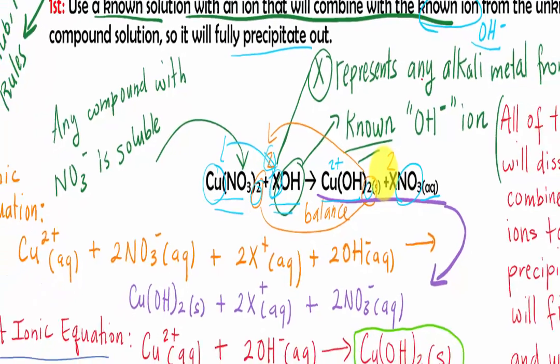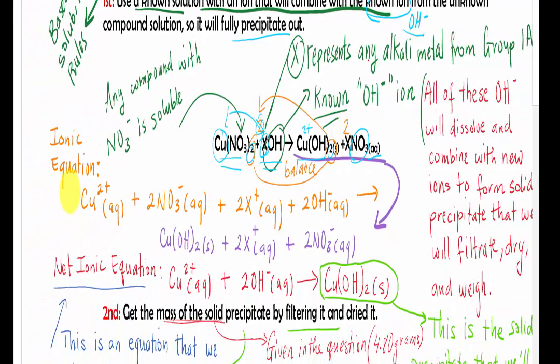The next thing on the list is that I'm going to write a net ionic equation to show how a precipitate is being formed. First of all, this one is soluble because of the nitrate, so we break it into ions. We have Cu2+ and 2 nitrate ions. How do I know it's 2 plus?